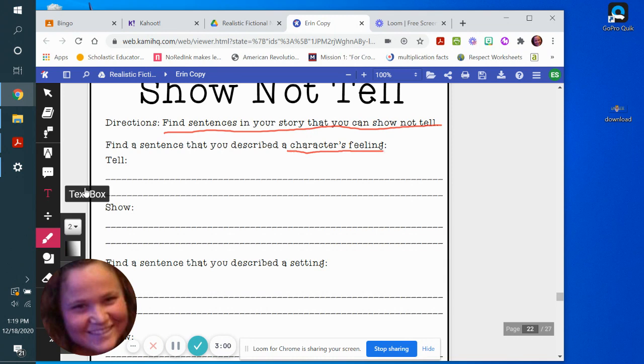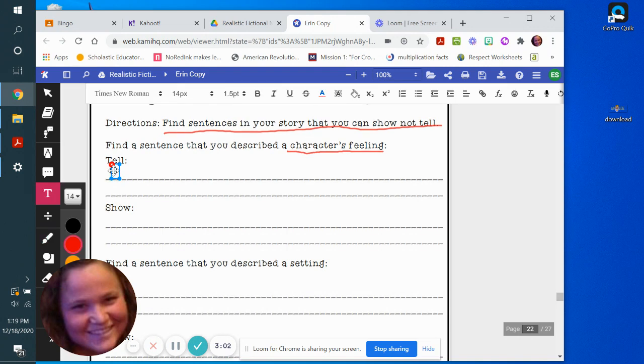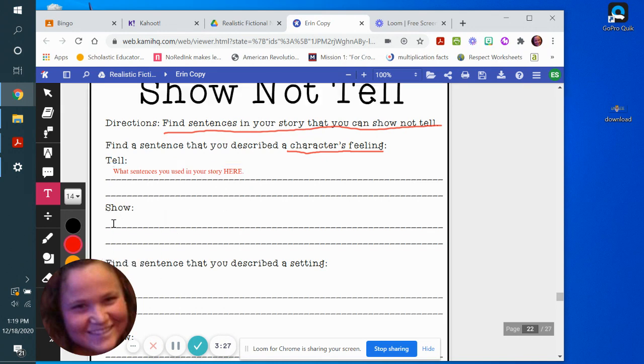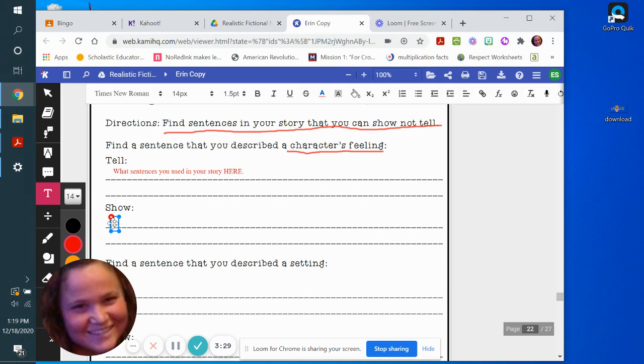So pull that sentence out of your story. You're going to say, oh, look, right there, I said that she felt this way. Then you're going to copy it and put it here. Then you're going to show instead of telling me how they're feeling.